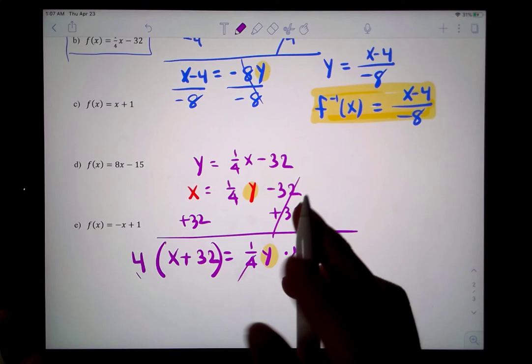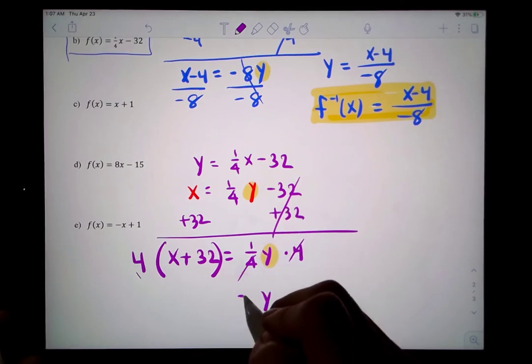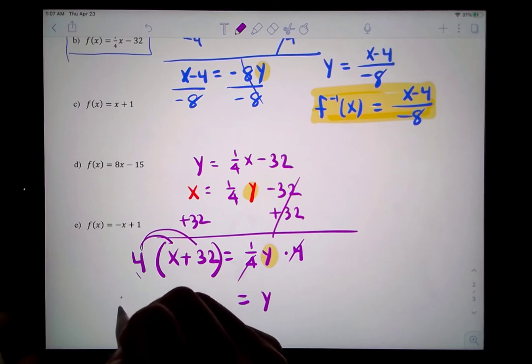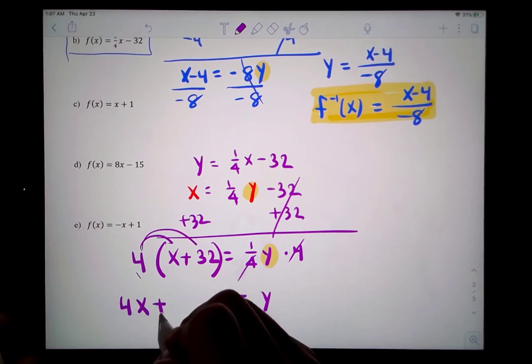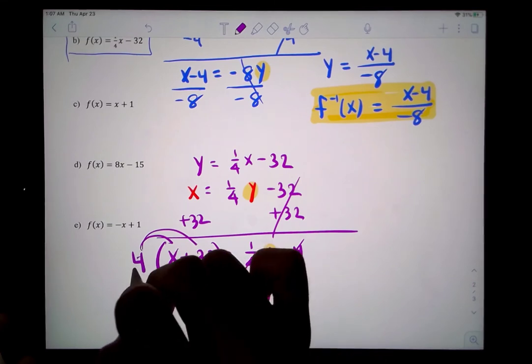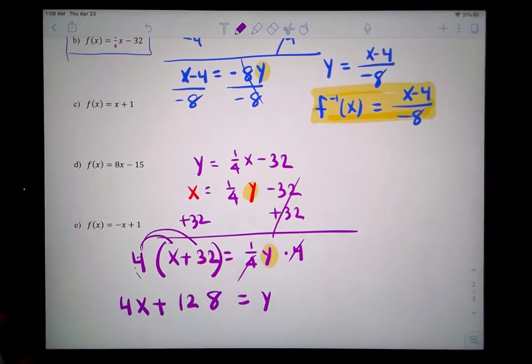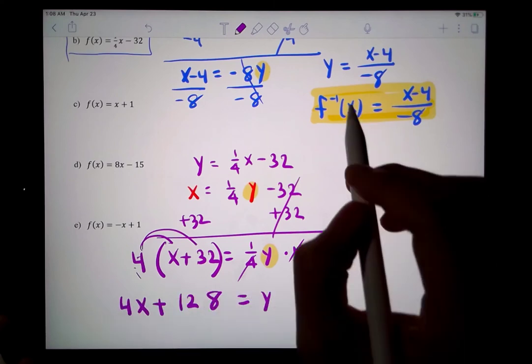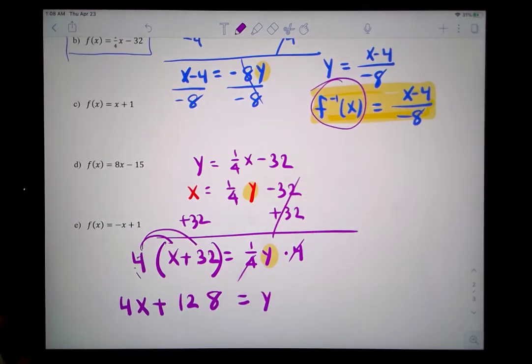So you cancel this, then you have y here, and then that one you distribute. So 4x plus 4 times 32, that's 128. So that's my answer. And how do you write it? I want you to use this notation, f inverse.